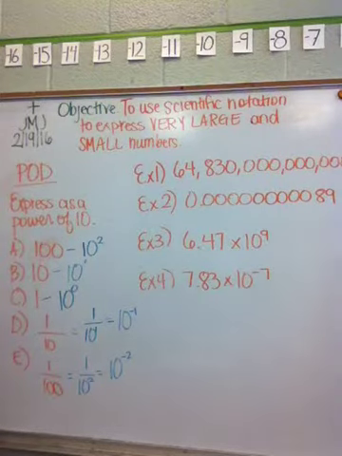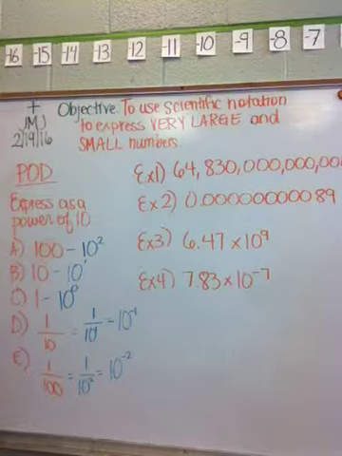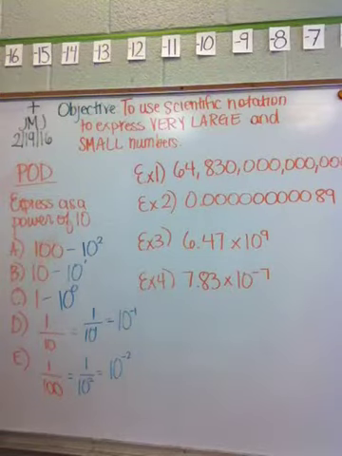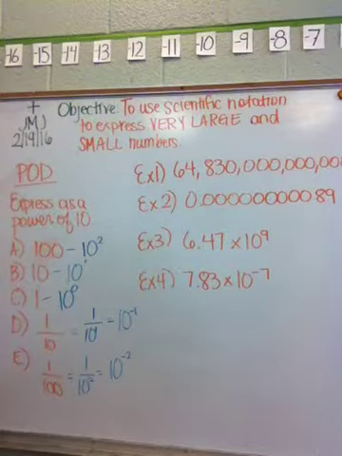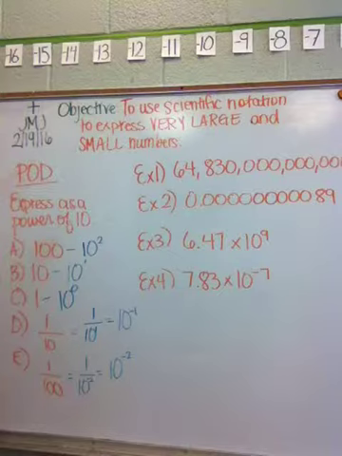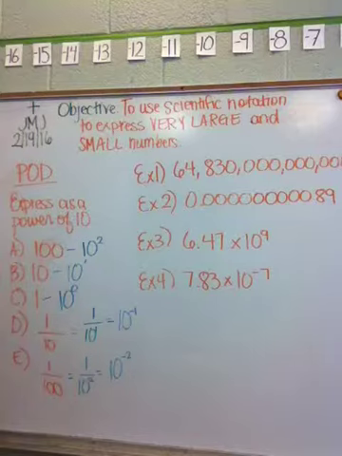An example of a very large number would be a light year, which is approximately 6 trillion miles. We can also use scientific notation to express the speed of light, which is 186,000 miles per second.